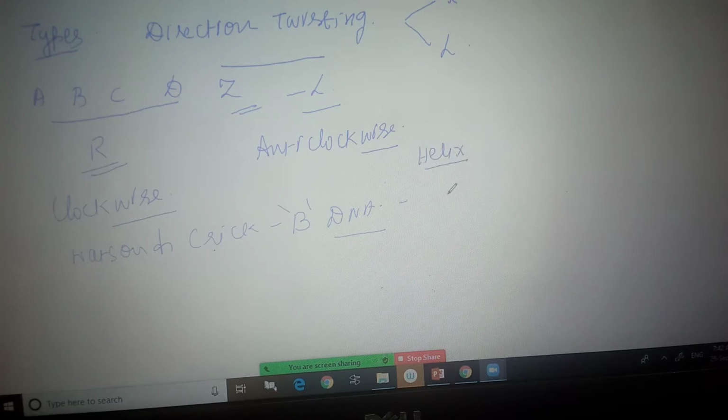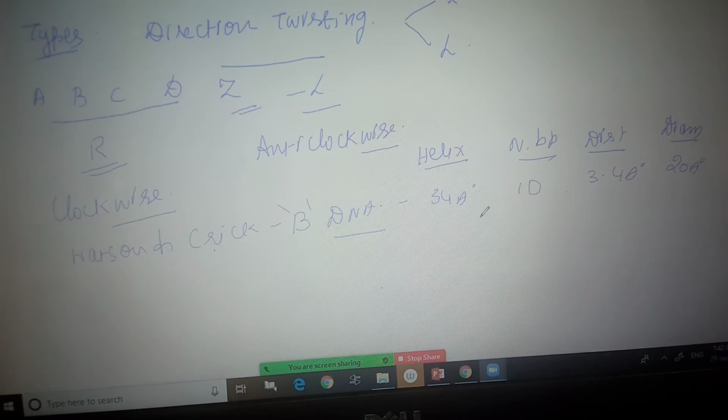Helix length is 34 angstrom. The number of base pairs is 10 base pairs. The distance between base pairs is 3.4 angstrom. What is the diameter? 20 angstrom. This is about the B form of DNA.